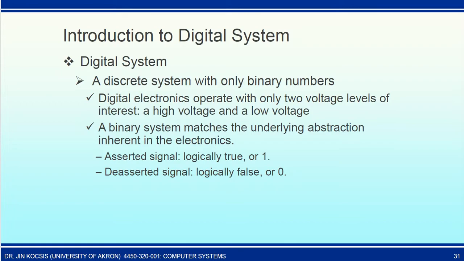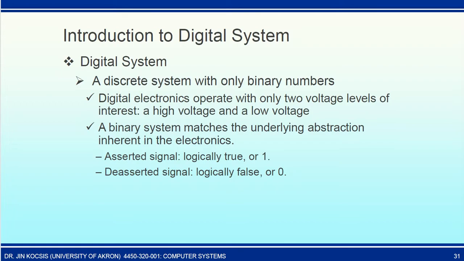Okay, so first I just want to describe a little bit why we want to use the digital system. The reason is that you can see all the input, output data, and also the state data, but all that is used is only zeros and ones, right? In other words, all the circuits inside are digital electronic circuits. They are implemented only by low voltage and high voltage.